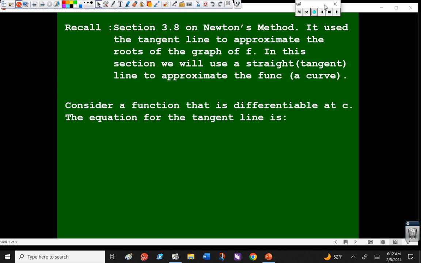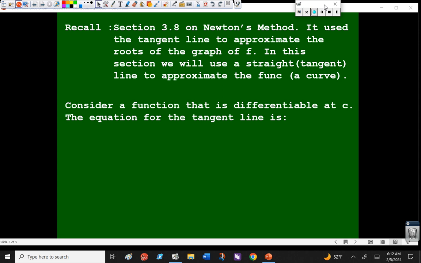So if I wanted to find out where f crossed the x-axis, I could use a derivative in Newton's method and certain iterations of Newton's method to find the actual root without actually solving an equation, just using a tangent line. And this is what makes it really, really neat. In this section, we'll use a straight line, the tangent line, to approximate the function, the curve. So how can a straight line approximate a curve?